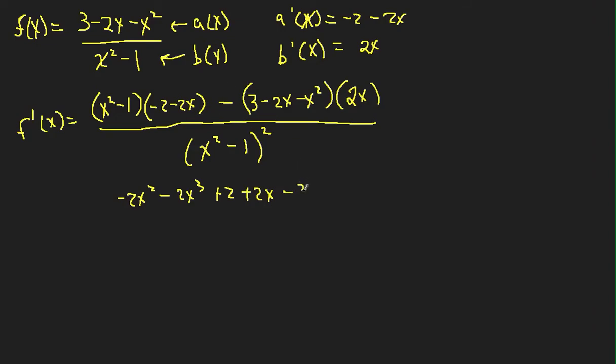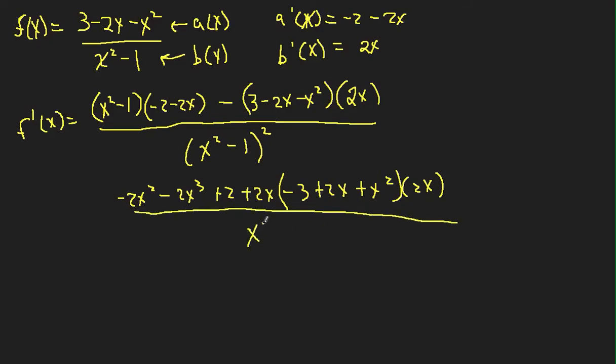So minus 3 plus 2x plus x squared times 2x. I'm going to just separate that just so I know that I need to distribute this first, right? So all I did here was distribute this negative 1, and it made these all opposites of what they were. So all over x squared minus 1 squared.